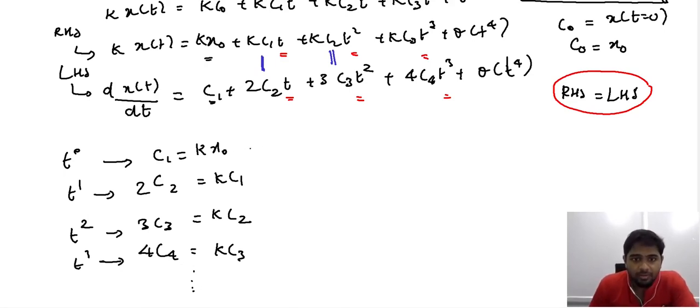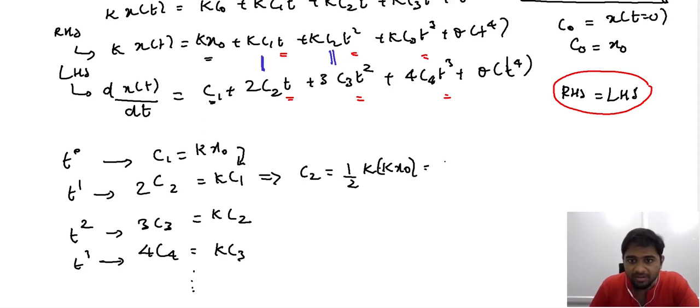Now this expression here states C1 is the product of K and x naught, where x naught is the initial condition. We can substitute this relation in here, and when we do, we observe that C2 is 1 by 2 of K, and we are replacing C1 with Kx naught.